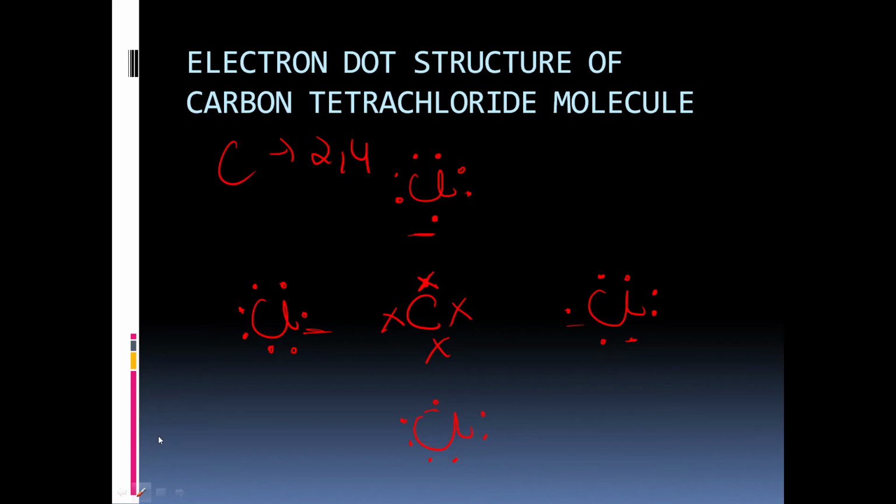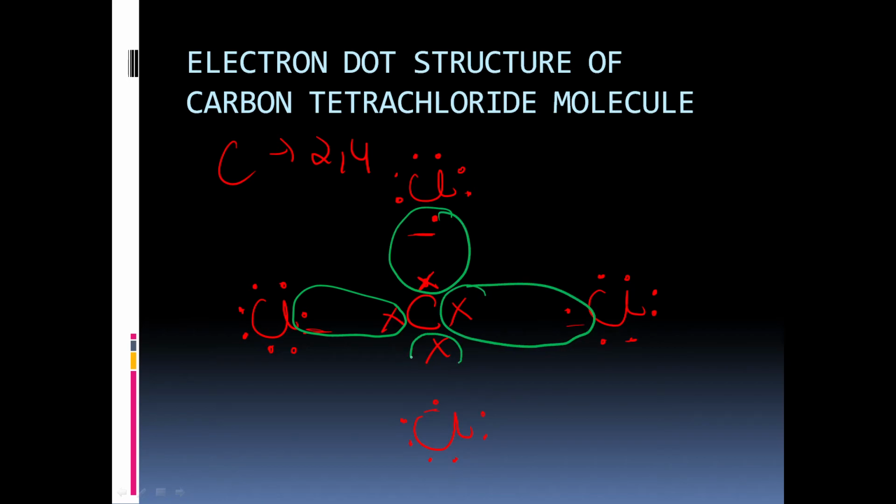So what happens is, let's see that. Now this chlorine uses this valence electron of carbon, means it shares it. This shares with this, this shares with this, right?